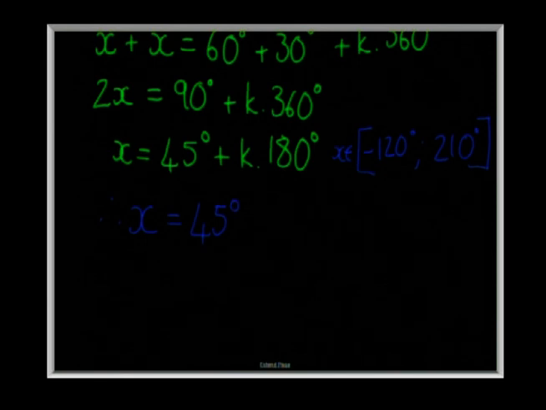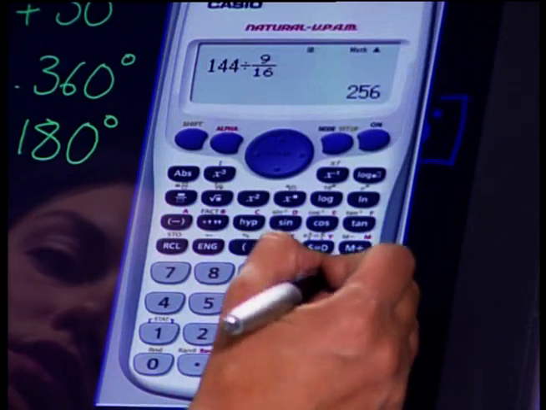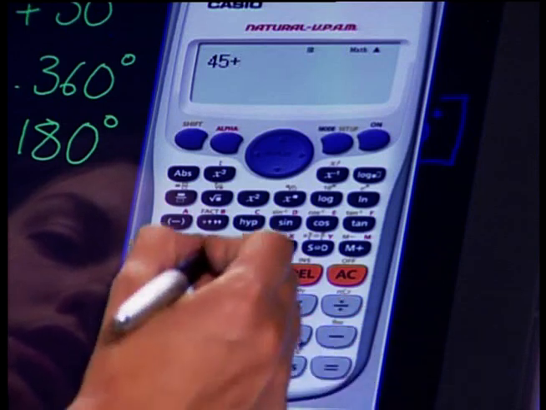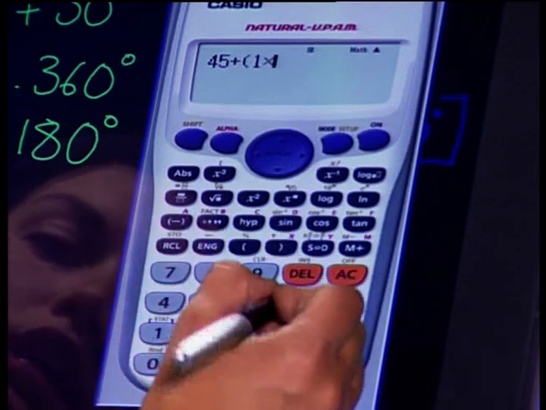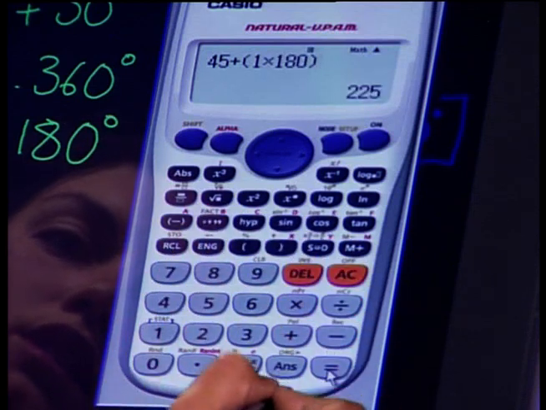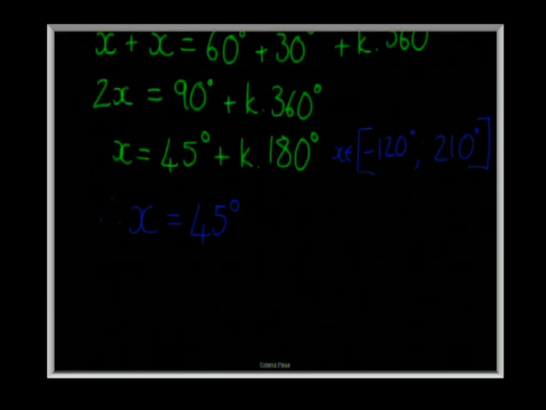Now let's multiply k by 1. 1 times 180 plus 45 degrees. Let's use the calculator. 45 degrees plus 1 times 180, close brackets, will give us an answer of 225 degrees. Does 225 degrees fall into this bracket? No, it doesn't.